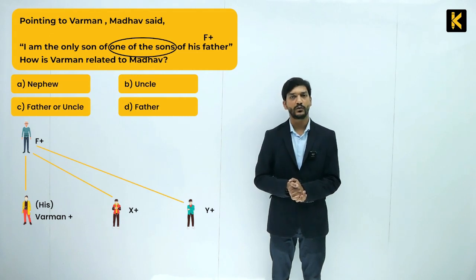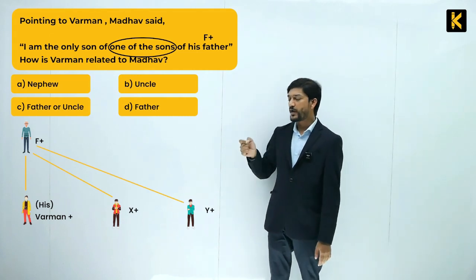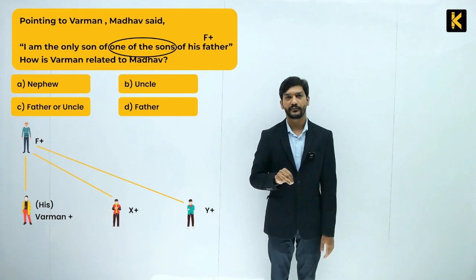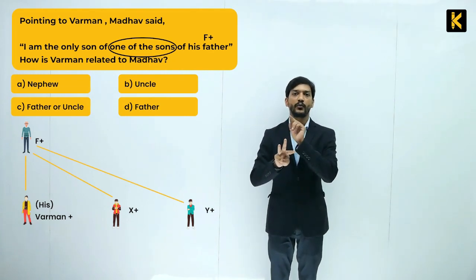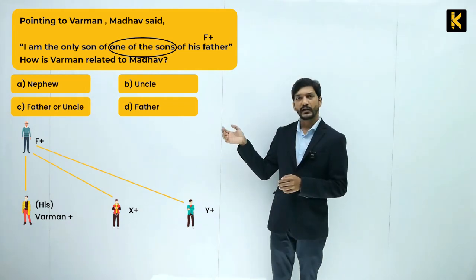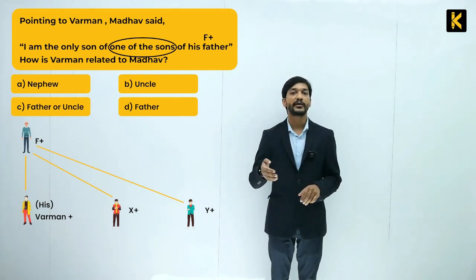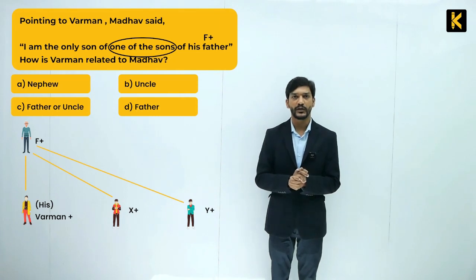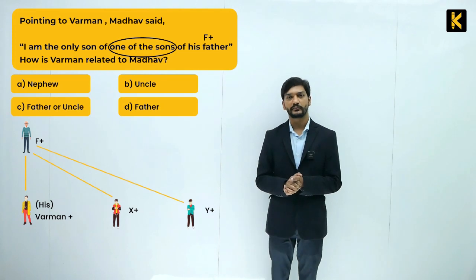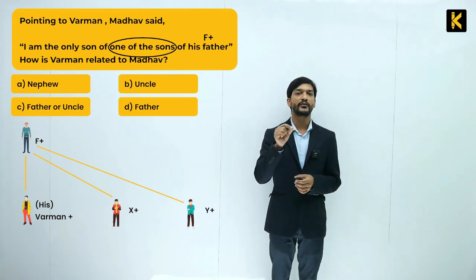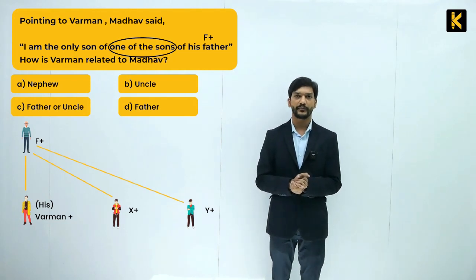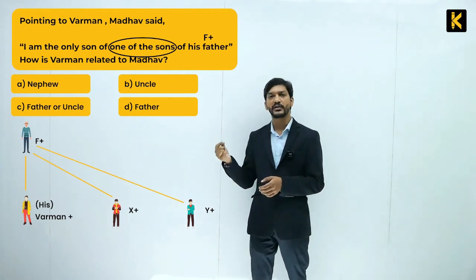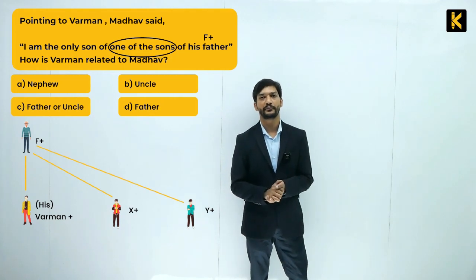So now this F plus has 3 sons: one is Varman, one is X, one is Y. X and Y, these 2 persons I have taken by myself. Their names were not mentioned anywhere. But since it was mentioned one of the sons, I have taken 2 more sons. But one son is already mentioned in the question whose name is Varman.